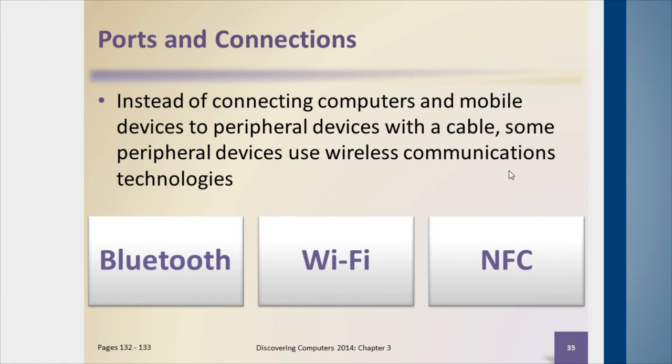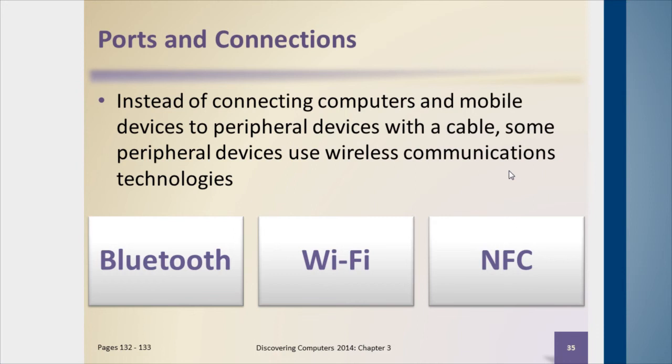If we don't want to deal with cables and physical connections, in a lot of cases we have other options that include various wireless types of options, including Bluetooth, Wi-Fi, and near-field communications. Bluetooth is essentially a cable replacement technology. You'll see this in use a lot in cars where we want to connect our cell phones to the audio system of the car. You may see it for tablets.